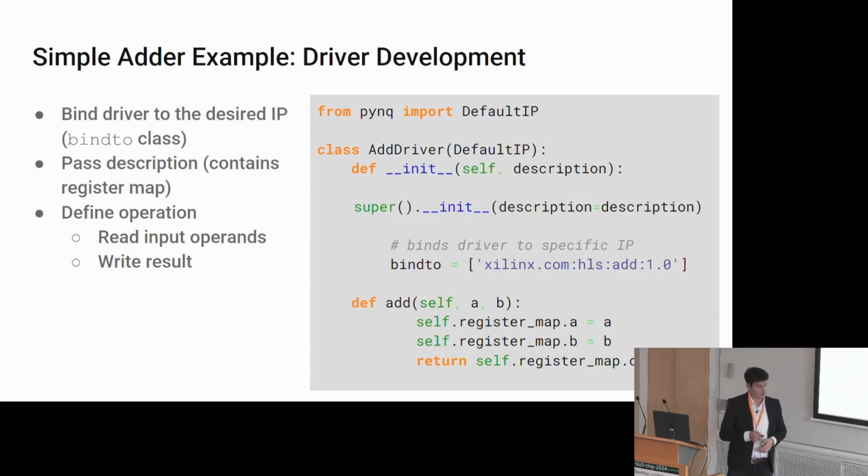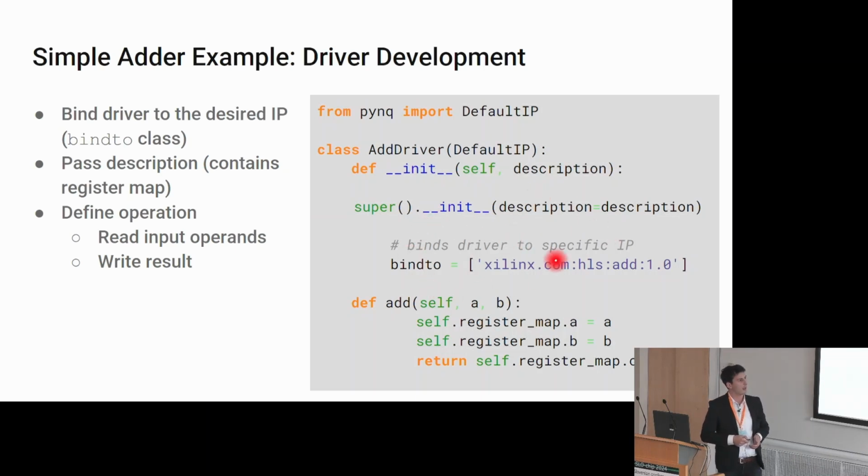Basically, we start by defining a class which inherits some default IP class. Then we pass the description, which contains the register map of the accelerator.